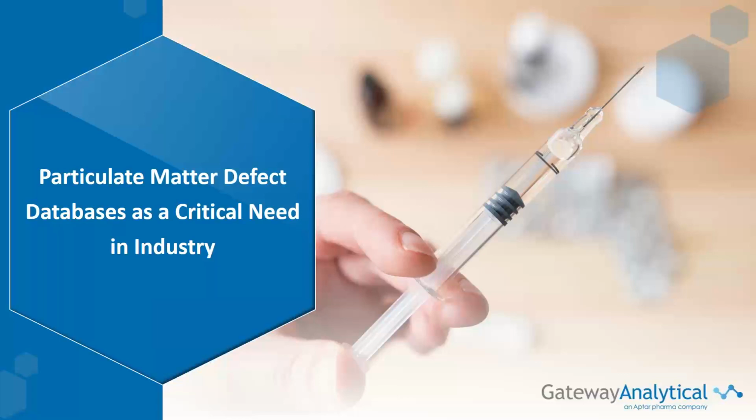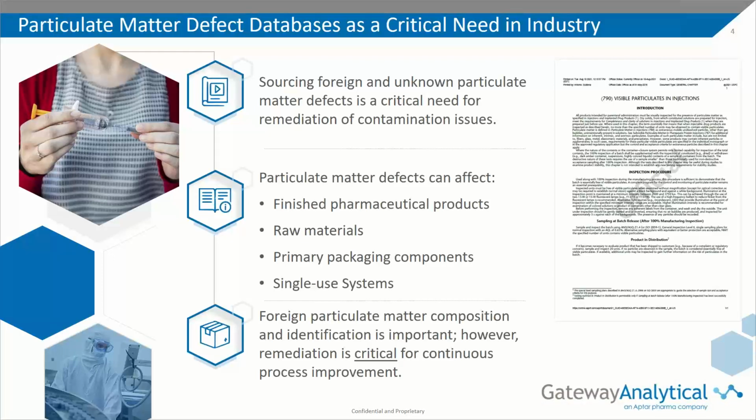So as a critical need for industry, if you were to look at different types of guidance documents, especially the one on the right here, USP 790, it certainly calls out the need for being able to identify and characterize different types of visible particulate.